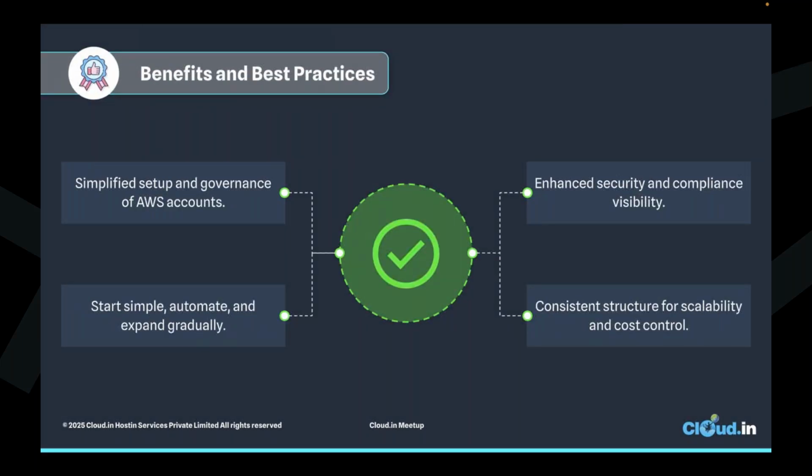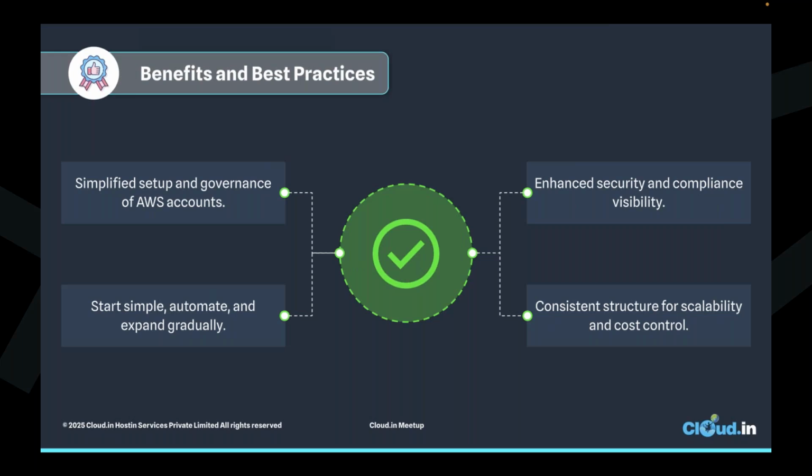So these are a few benefits and best practices for AWS Control Tower, like simplified setup and governance of AWS accounts. One of the biggest advantages of using AWS Control Tower is how much it simplifies the process of setting up and managing multiple AWS accounts.